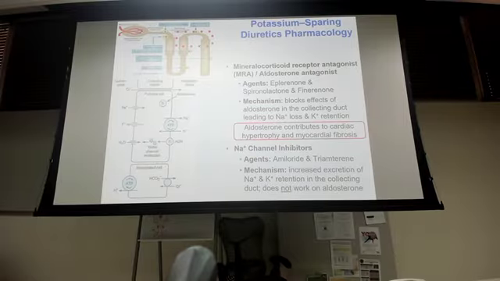And then the sodium channel blockers work by a different method altogether, and obviously by the name, sodium channel blockers block the sodium channel, so it's working differently than the aldosterone antagonists. Specifically, beyond the diuretics, what the aldosterone blocking does, it prevents remodeling of the heart that aldosterone can cause, right? So you can get fibrosis of the heart and remodeling of the heart from too much aldosterone.